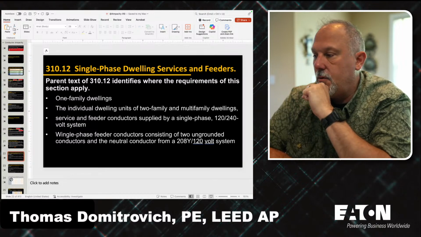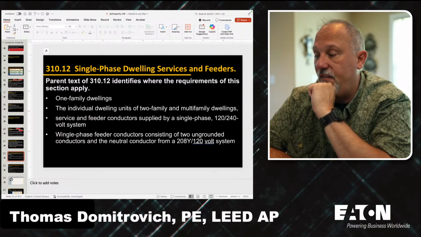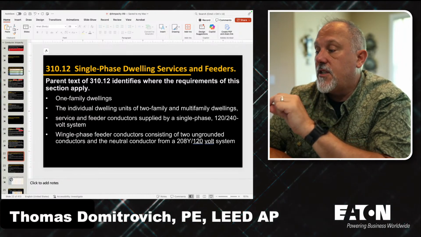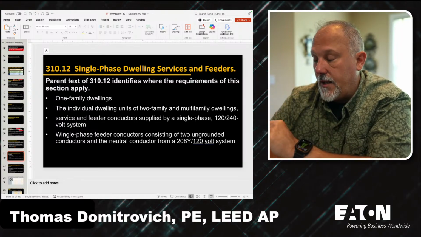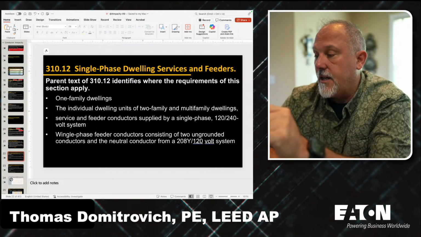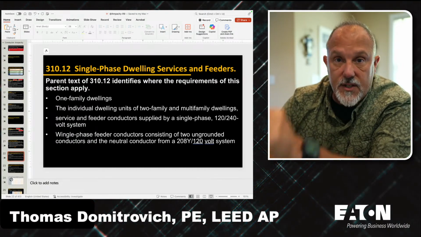The parent text of 310.12 says that it applies only to one-family dwellings, the individual dwelling units of two-family and multifamily dwellings. It applies to service and feeder conductors that are supplied by a single-phase 120/240-volt system.